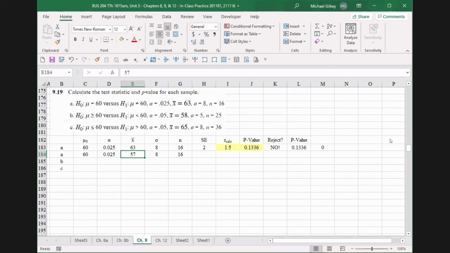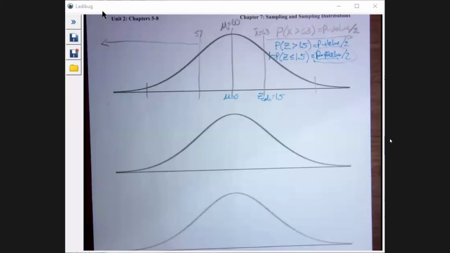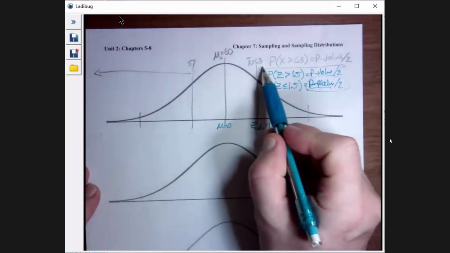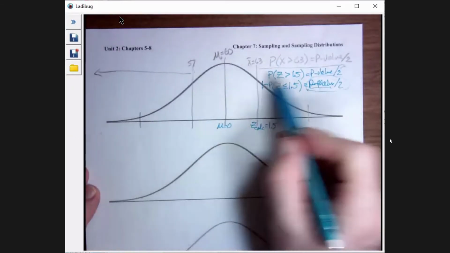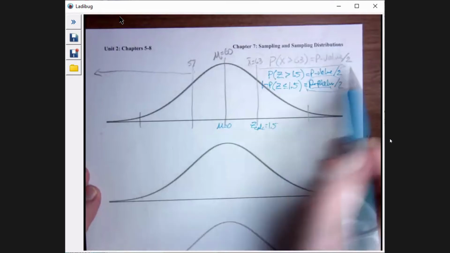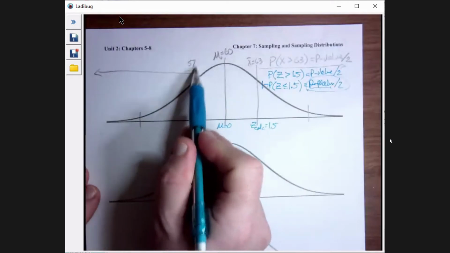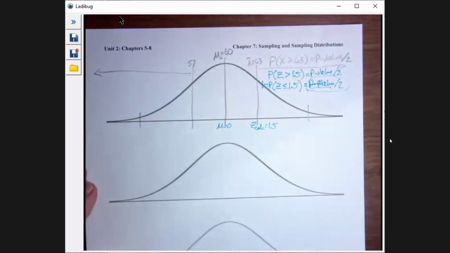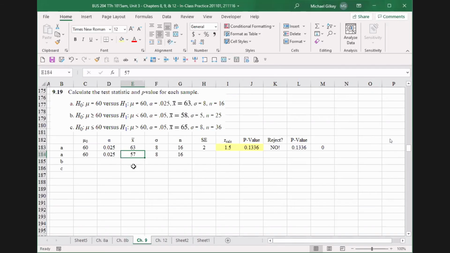Because the p-value is the probability of getting a value this extreme or more extreme, which in a two-tailed test includes this value and that area. So what if we had gotten a 57? What if our sample mean had been 57?